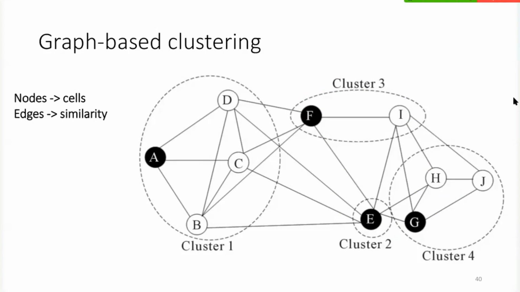This one doesn't have weights, so all the edges are equal, but you can also have weights on the edges. The basic idea of having nodes and edges connecting them is simple. The goal of graph-based clustering is to find what are called communities or subclusters in the graph, so parts of the graph that are very well connected compared to other parts.